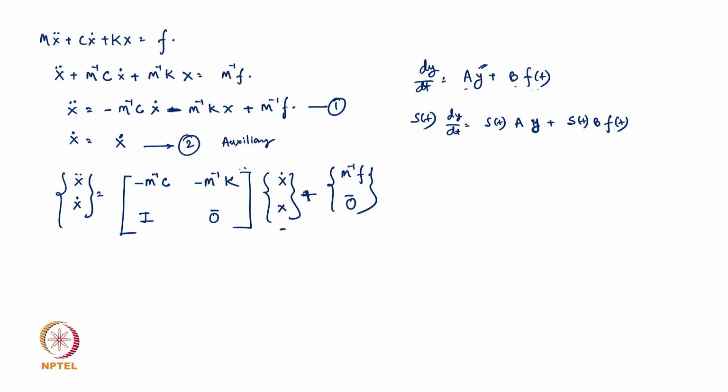But S of t cannot be that arbitrary. S of t must have some sort of condition. Now I'm coming to what type of condition it should fulfill. So suppose I multiply with S of t, we will get something like that.